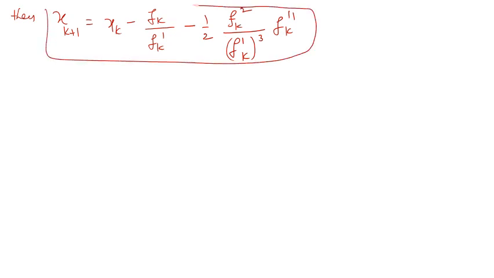This is called the Chebyshev method. What are we doing? We are using the Newton-Raphson method formula to replace xk plus 1 minus xk, isn't it? This is called the Chebyshev method.